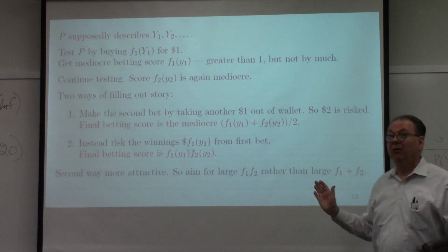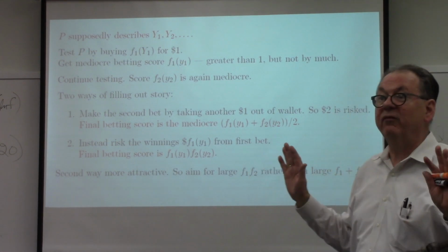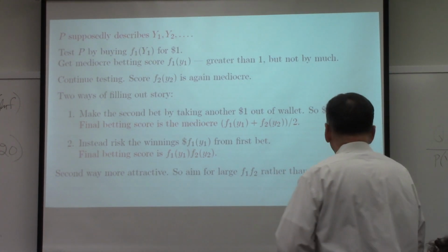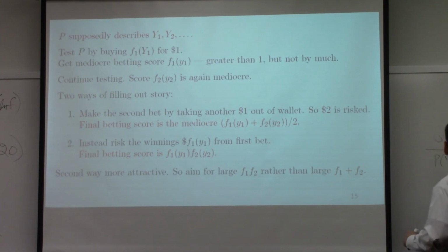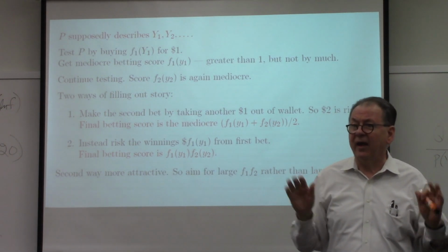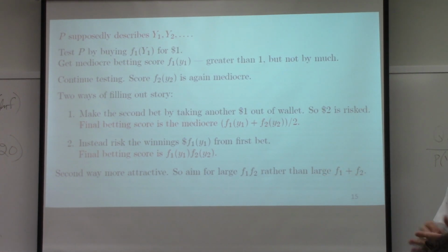He's not me. He doesn't know what I might have thought about Y2 before. He has to come up with something new himself. So there's no reason why the tester has to be acting Bayesian. And in general, it would be impossible for the tester to act Bayesian because the tester is an entire scientific community.